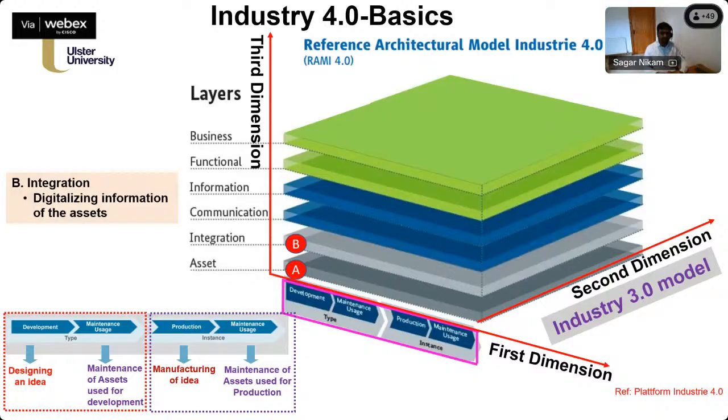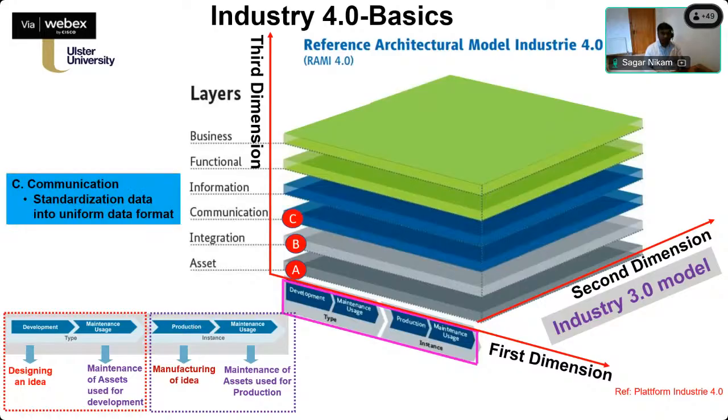The second layer is integration. Integration means we want to digitalize the information that is coming out of the assets. Digitalizing could mean real-time monitoring, or making use of QR codes to get real-time information, or using some accurate technology to identify the lifespan of the machines. The third layer is communication.